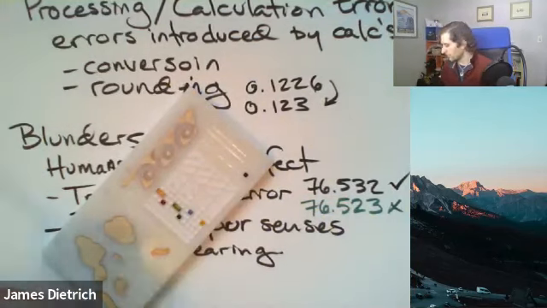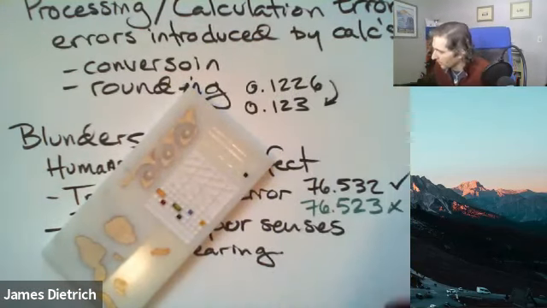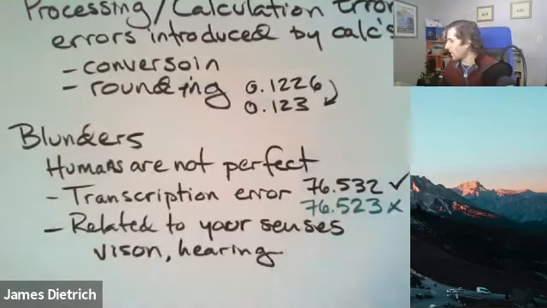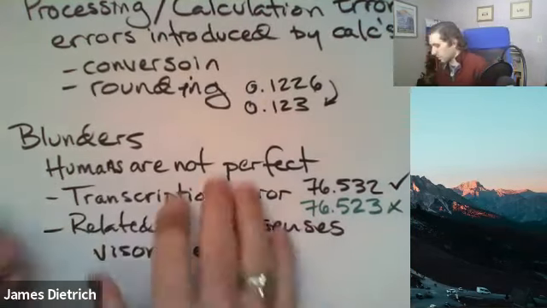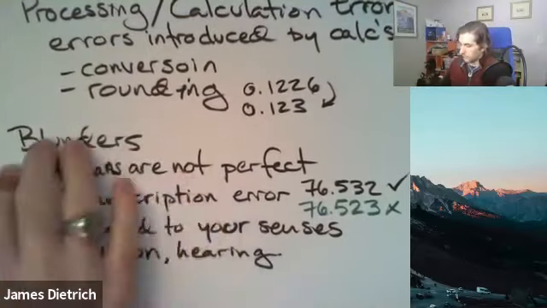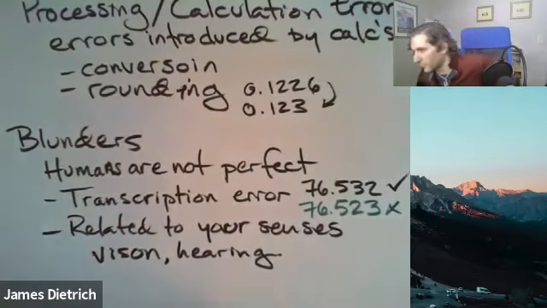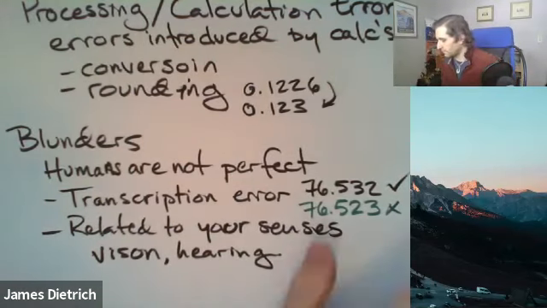So your senses can mislead you, basically. And so blunders, we call them blunders because they're literally just accidental errors that are introduced into the data sets.